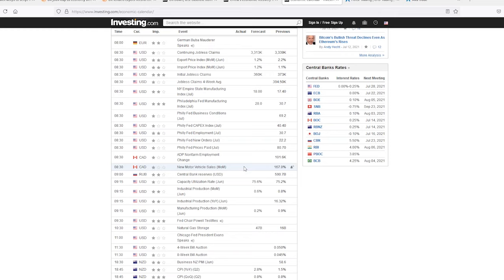Just because yesterday the words coming from Powell lent some perspective that the stimulus measures won't be cut back anytime soon, he easily could say something today that raises doubt about that. And these numbers coming out also could raise doubt about that.